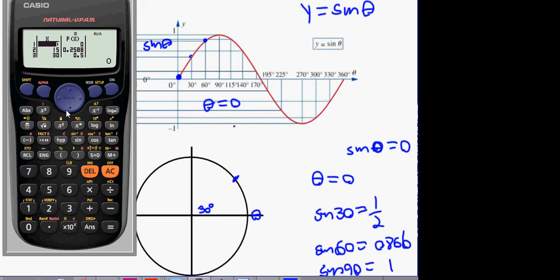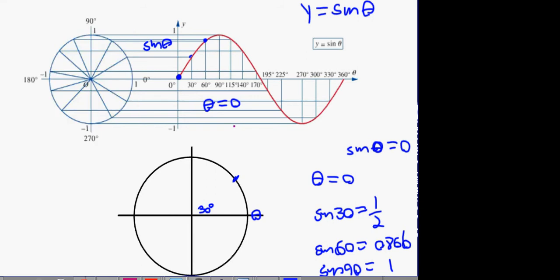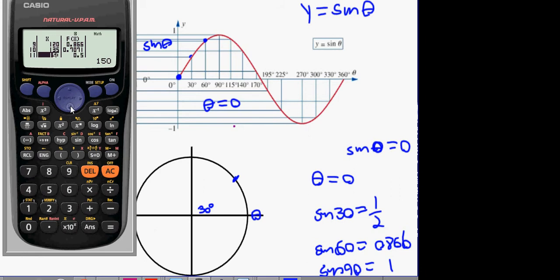Okay, now look at it. 30 is a half. 60 is 0.86. 90 is 1. 135 is around 0.7. 180 is on 0. See where I'm locating it? 210 is around minus 0.5. 225, minus 0.7.